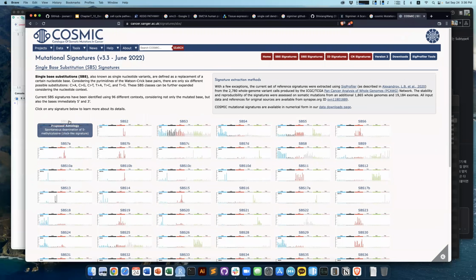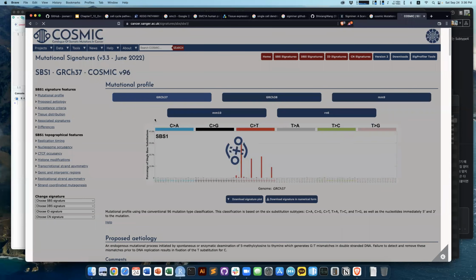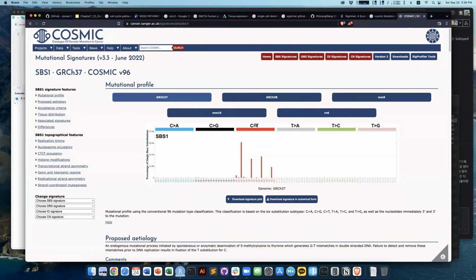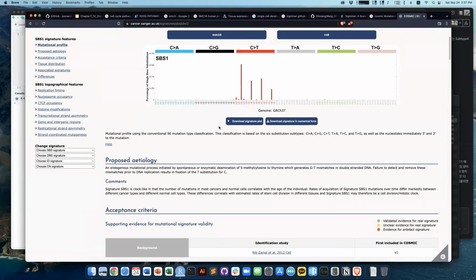So if you look at the SBS1, the mutations happen mostly in C to T change. So mutation happens in C nucleotides and it changes to T, right? So what is the possible biology? In other words, why do those patterns of mutation happen in cancer patients?